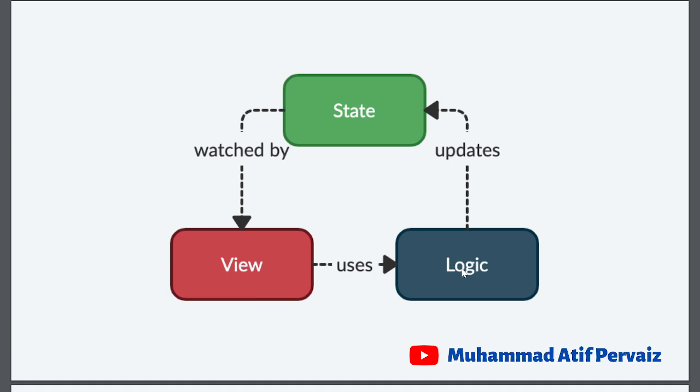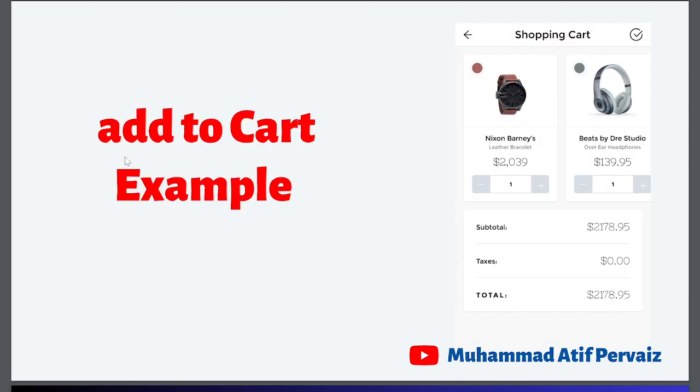I know that this diagram will not fulfill all your learning requirements. That's why I have created an example for you. So this is the example, an add to cart example. If you see here, we have two items, right? And then there is a price for each item, and then we have three calculation points: total, taxes, and subtotal, right? If we click on the plus icon, then this plus icon will add $2,039 to the total amount, right?